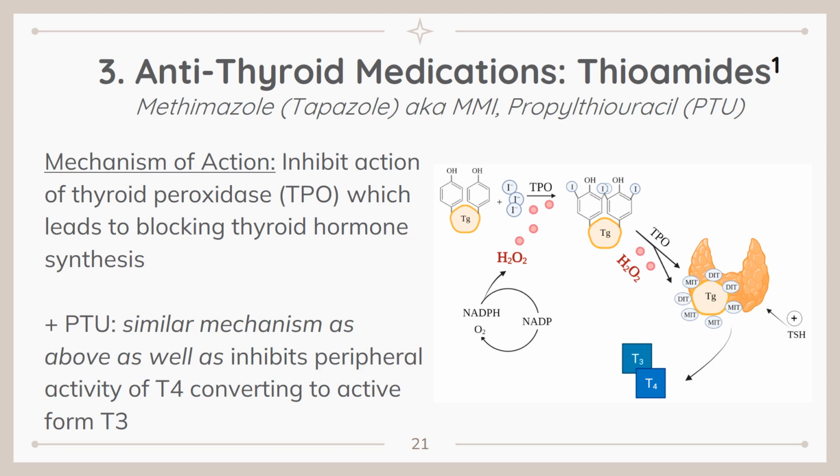Otherwise, PTU has an additional mechanism where it also inhibits the peripheral conversion of T4 to the active T3 form. So in order to memorize this, PTU starts with P and it also works peripherally, as in P.